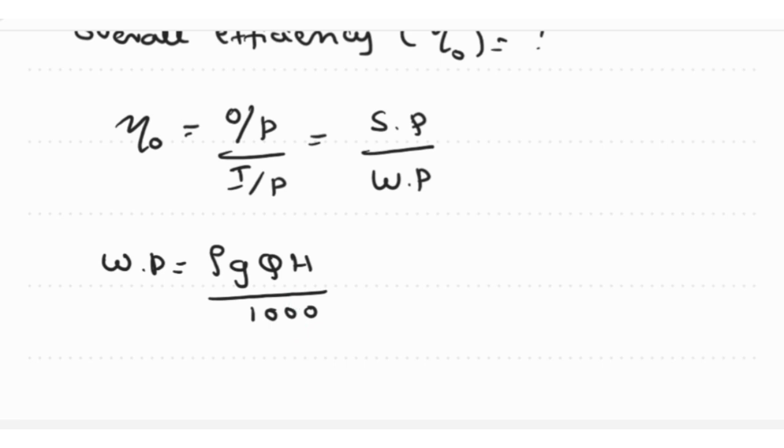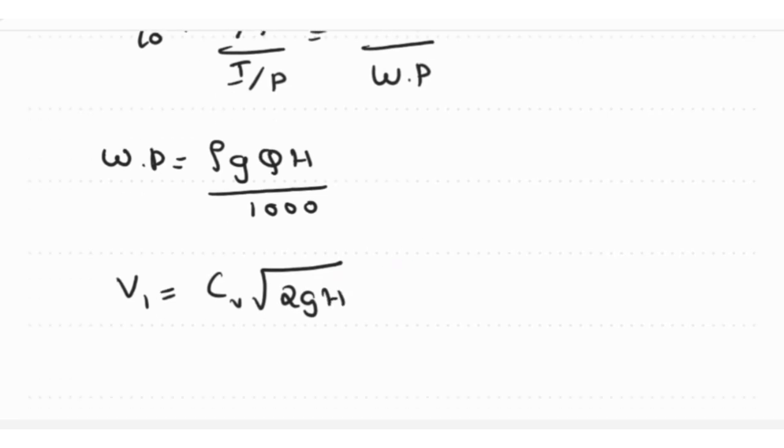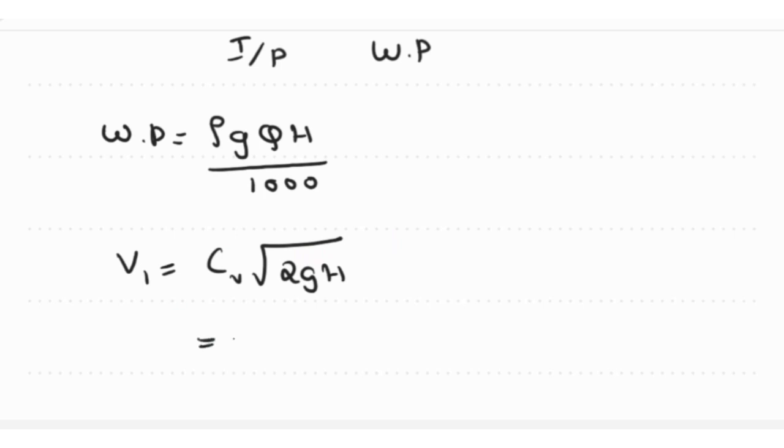To calculate Q, diameter is given and velocity we should calculate. We can calculate velocity v1 using the formula Cv into root 2gH. Whenever the velocity is not given, you can calculate using this formula. Here Cv is not given, so you can take it as 1, into root of 2 into 9.81 into 400.